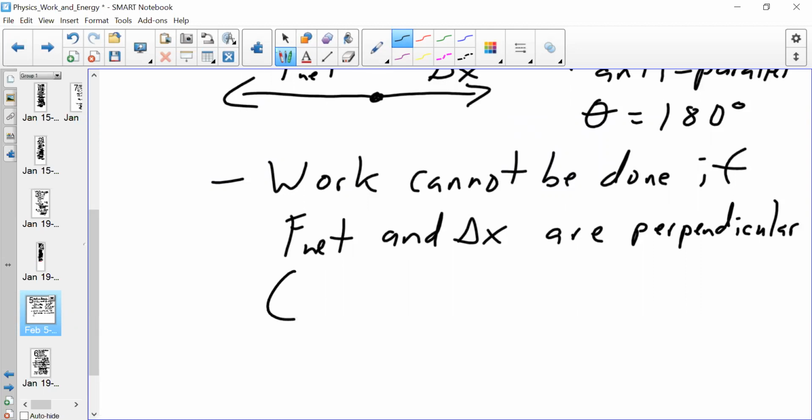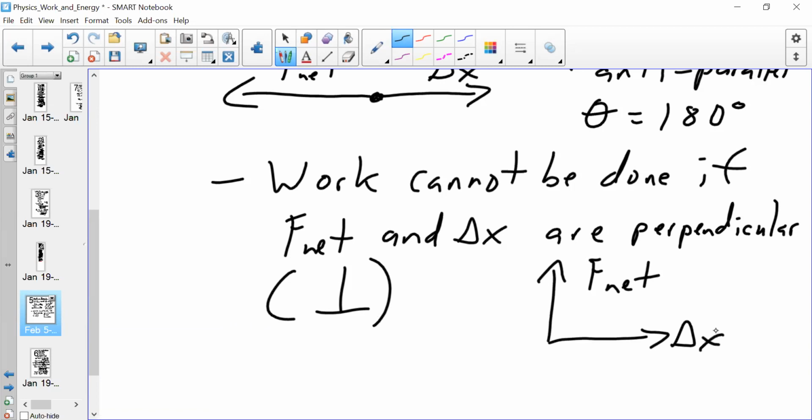Okay, so then the symbol for perpendicular, as we know, is the 90-degree symbol. And you know that from basic geometry, trigonometry, whatever, that cosine of 90 is 0, cosine of 270 is 0. So therefore, if we have a net force pointing this direction and the object is moving in this direction, well, then there's no work being done by this force.